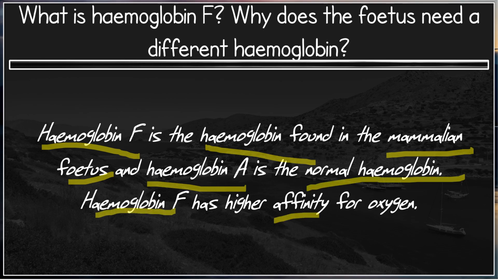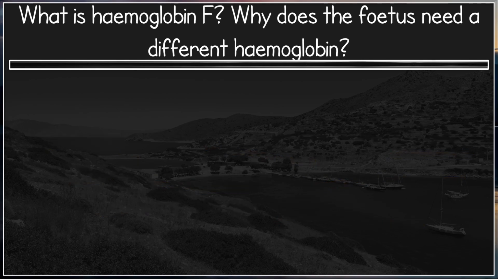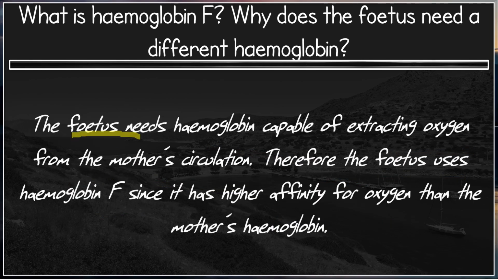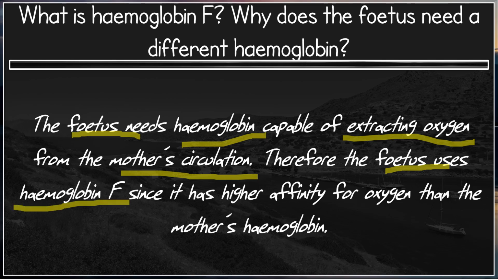Hemoglobin F has a higher affinity for oxygen. The fetus needs hemoglobin capable of extracting oxygen from the mother's circulation. Therefore, the fetus uses hemoglobin F, since it has a higher affinity for oxygen than the mother's hemoglobin.